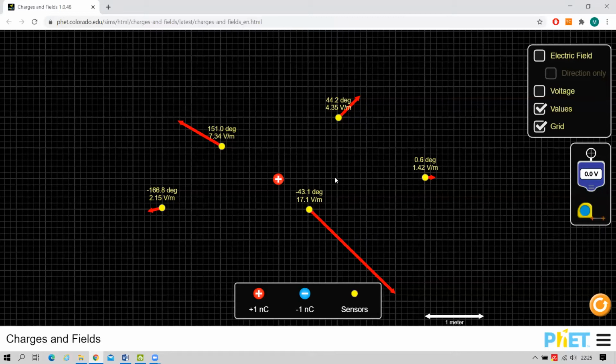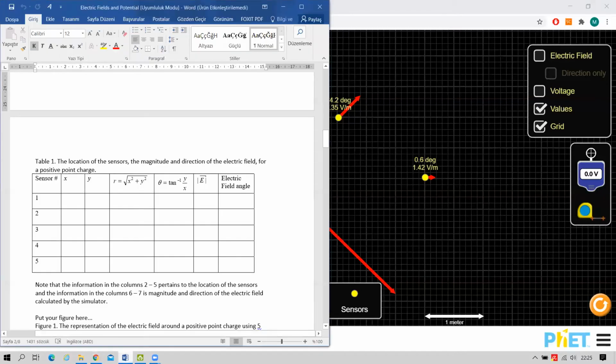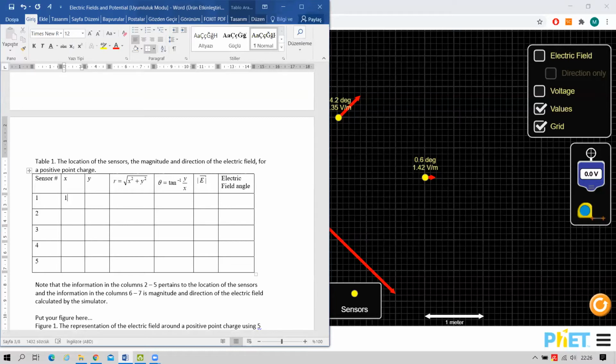It's 2 boxes, but 2 boxes is 1 meter. That means x of the first sensor is just 1 meter. So what I should do is put one over here.